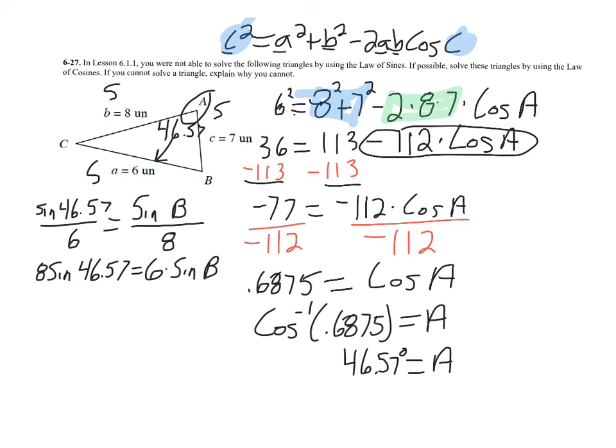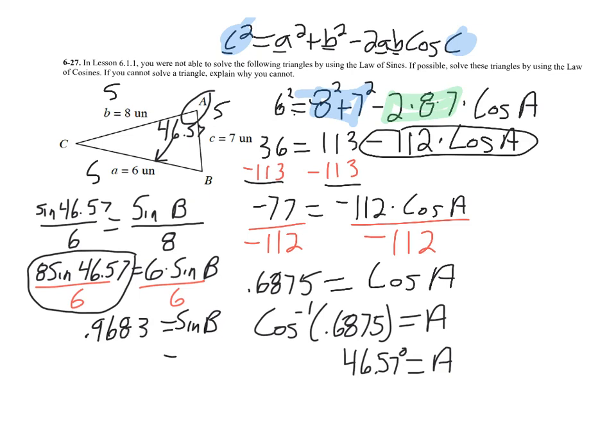Divide both sides by 6. And the sine of B equals, put that into your calculator, equals 0.9683.